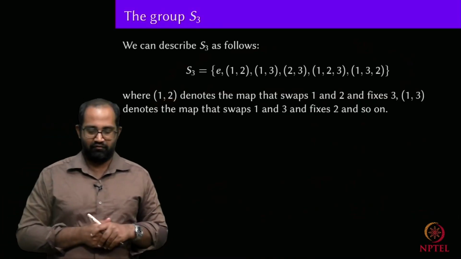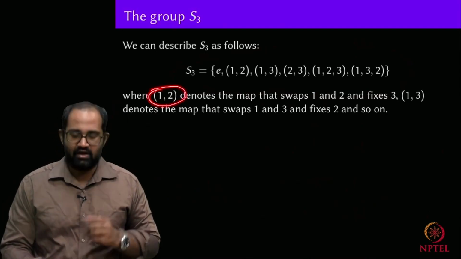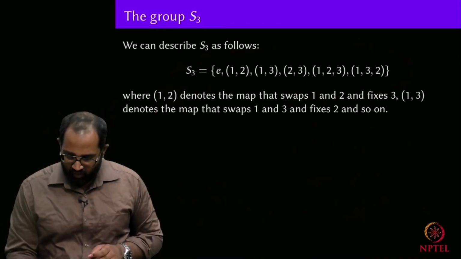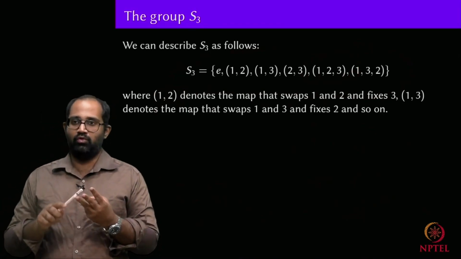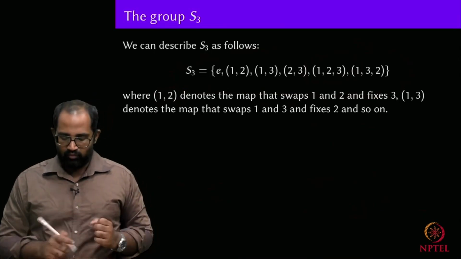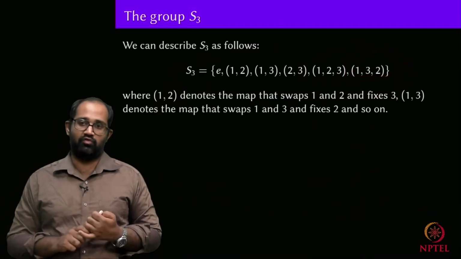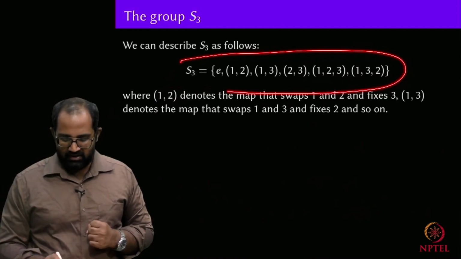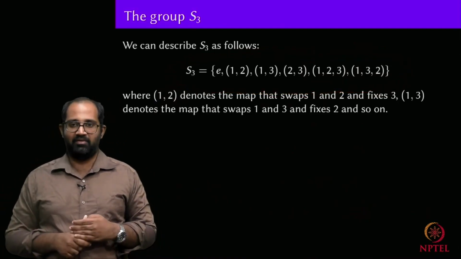This is a bijection from {1, 2, 3} to itself. So, (1 2) is just the shortcut for saying 1 goes to 2, 2 goes to 1, 3 goes to itself. Similarly, (1 2 3) is a shortcut for 1 goes to 2, 2 goes to 3, 3 goes to 1, and (1 3 2) is a shortcut for 1 goes to 3, 3 goes to 2, 2 goes to 1. You can check that I have enumerated all possible bijections of {1, 2, 3}, or all possible permutations.